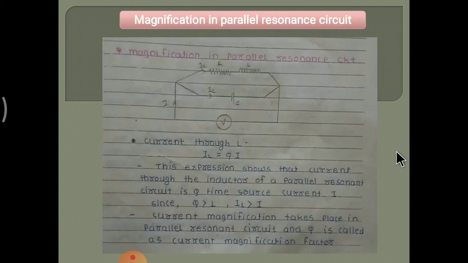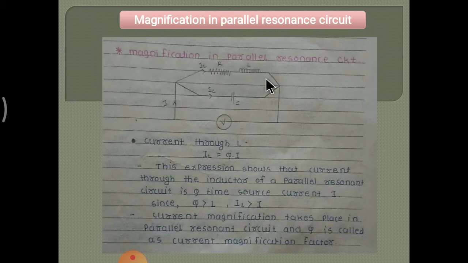Next is magnification in the parallel resonant circuit. This is the parallel resonant circuit, RLC. R and L are connected in series. This is one branch, the inductor branch, and the current flowing through it is IL.